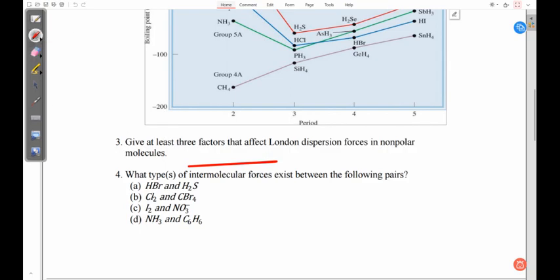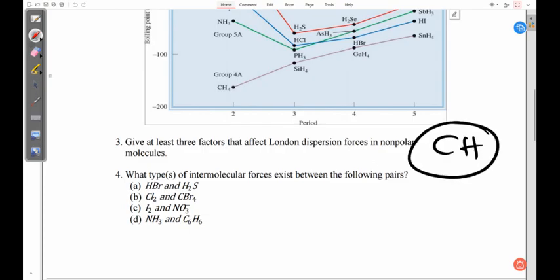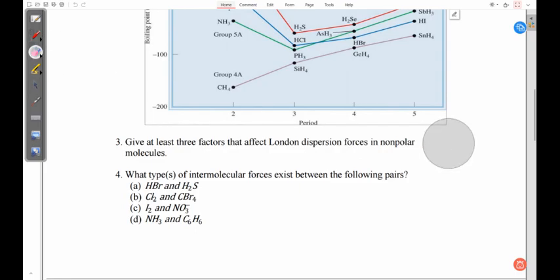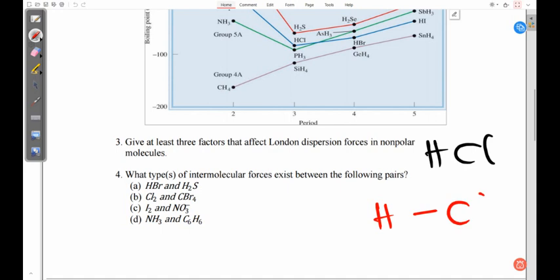If you look at the first one, are they polar or non-polar? Just a few tips that can help you out. Whenever you see hydrocarbons, these are non-polar. When you see hydrogen attached to a group 6 or 7 element, don't even hesitate, it's polar. If you draw HCl, there is a partial positive charge on the hydrogen and a partial negative charge on the chlorine.